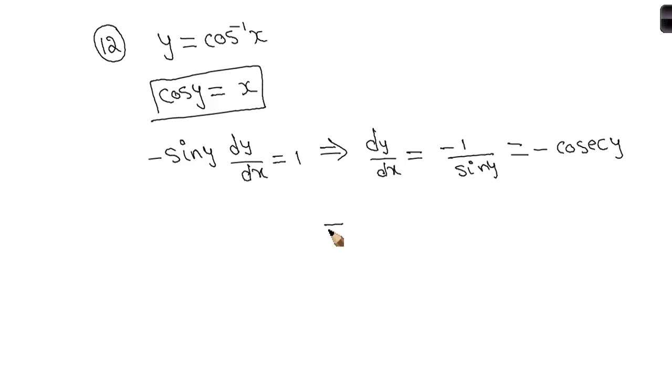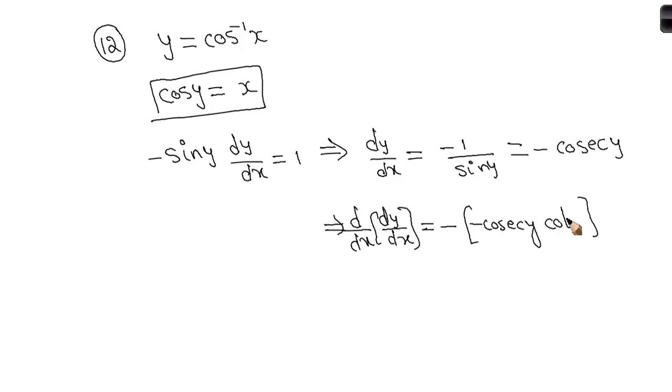Now differentiate this function again so that we get d square y by dx square. So d by dx of dy by dx, that is d square y by dx square, is equal to minus cosecant y derivative is minus cosecant y into cot y into dy by dx.